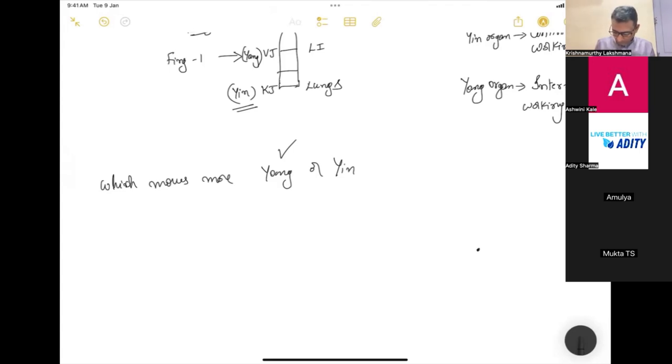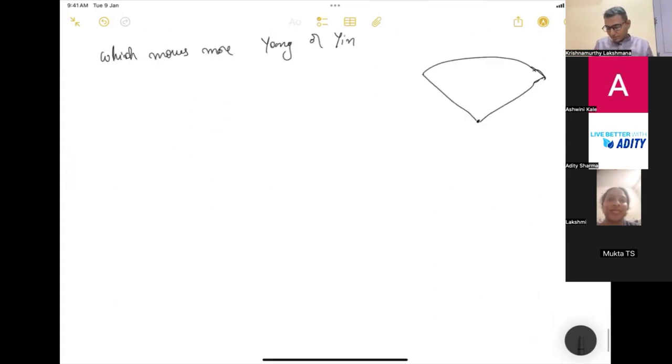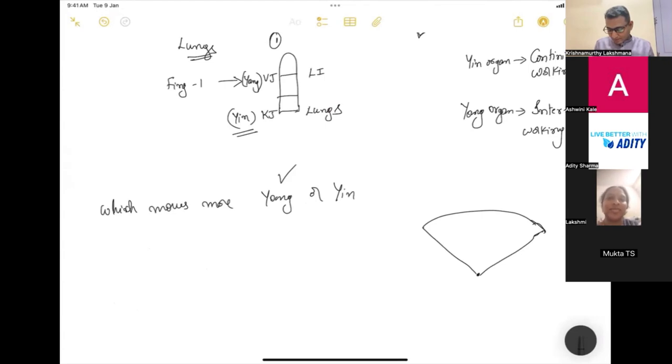Sir, I have a doubt. Water also will move. If we pour water, it will spread fast. Why is it not yang? There is no absolute yin or absolute yang. There is always yin inside yang and yang inside yin. You know the yin yang symbol, right?